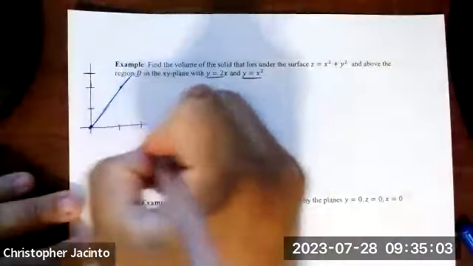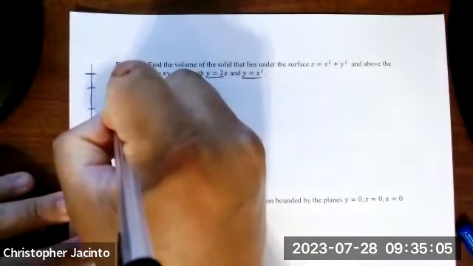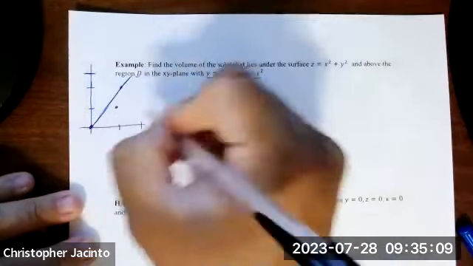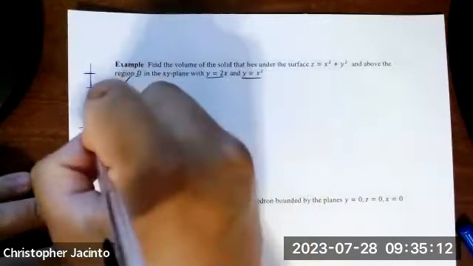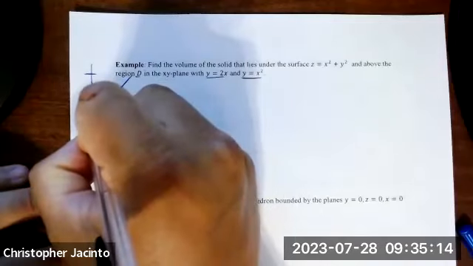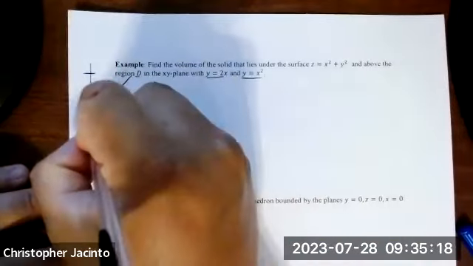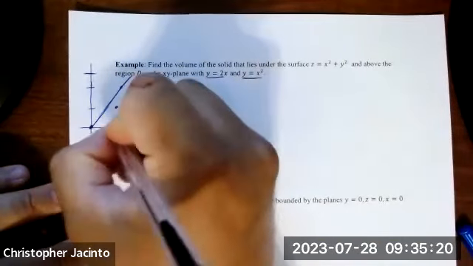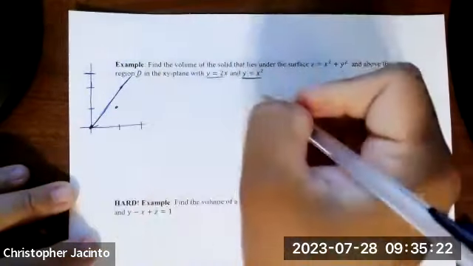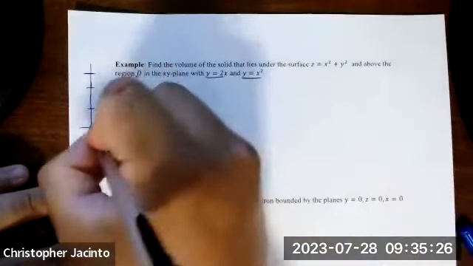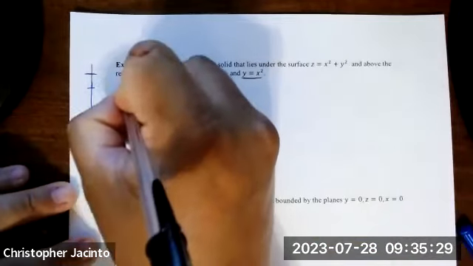So x equals 1, y equals 1. x equals 2, y is up to 4. So it's a nice parabola going. Like that.